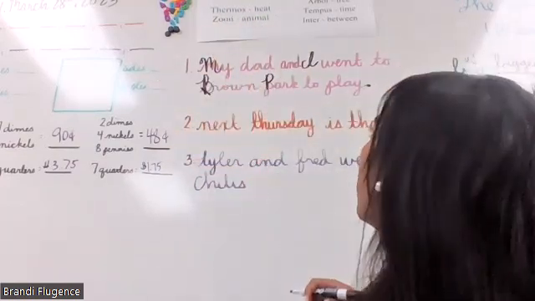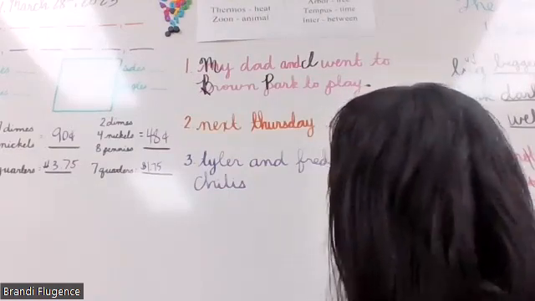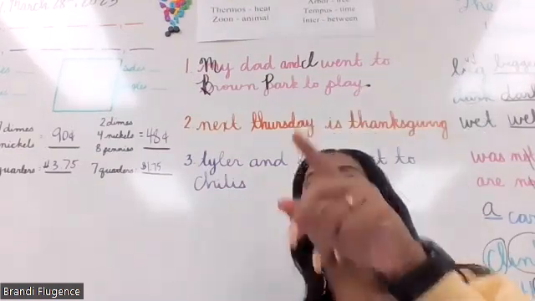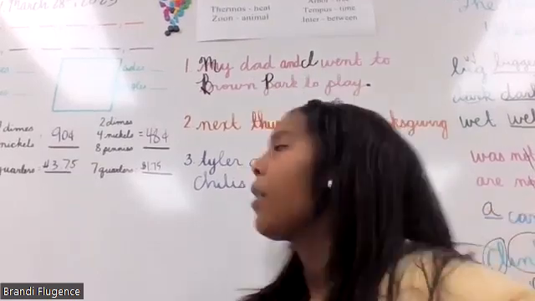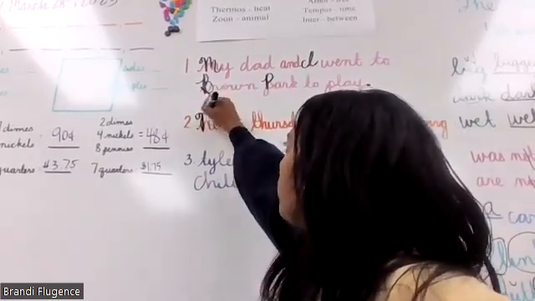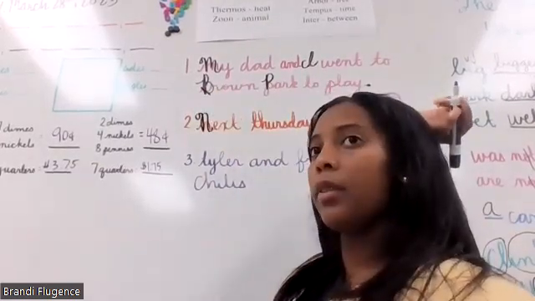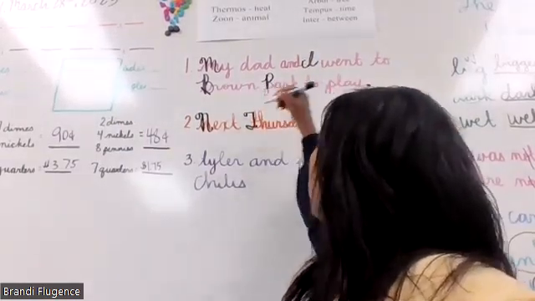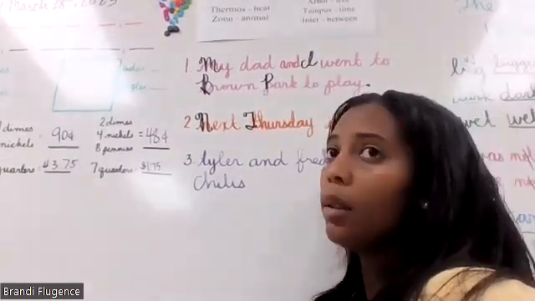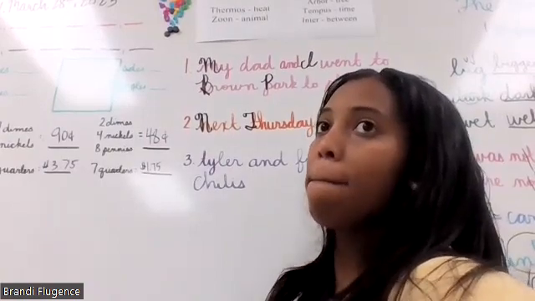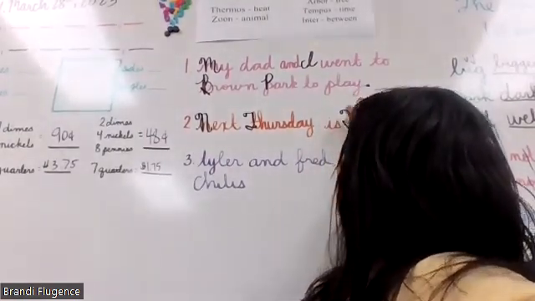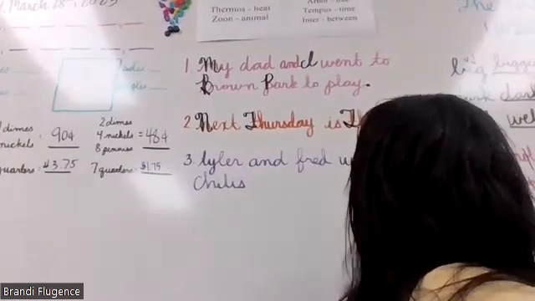Brown Park. Okay. Number two, next Thursday is Thanksgiving. How would I write that correct? Capitalize first letter N. T in Thursday. T in Thanksgiving, and then finish with the period.